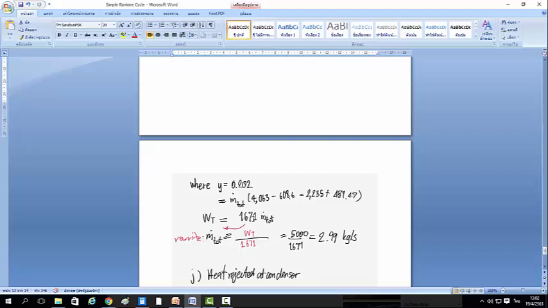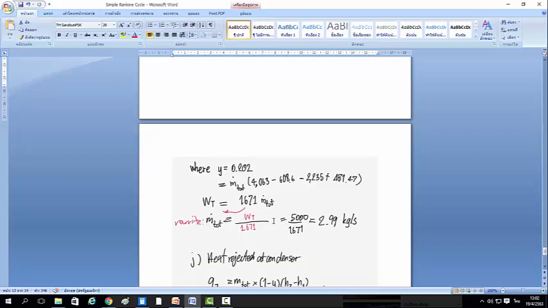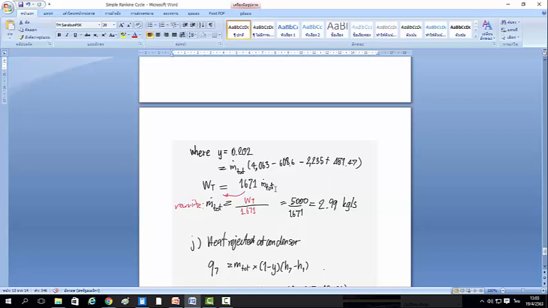Do the calculation. Then you got work turbine equal to this number times mass total, and then rearrange it because you want to find m total.